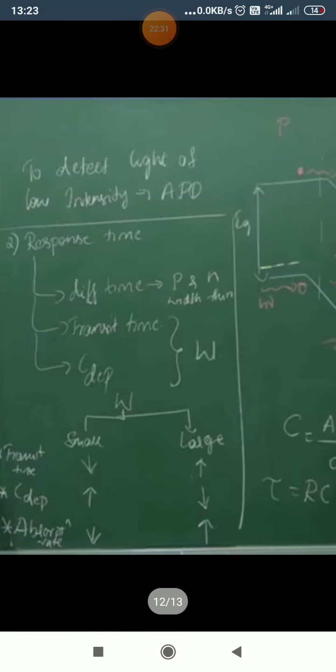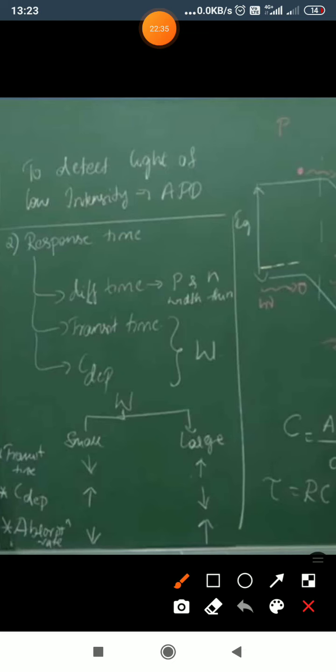The first parameter is the transit time as well as the depletion time. You can see here, if the width is small, what will happen to the transit time, and if the width is large, what happens to the transit time? Transit time will occur in the depletion region. If this is a P and N region, this depletion region we call the transition region.